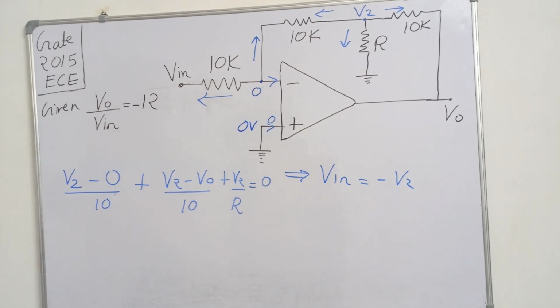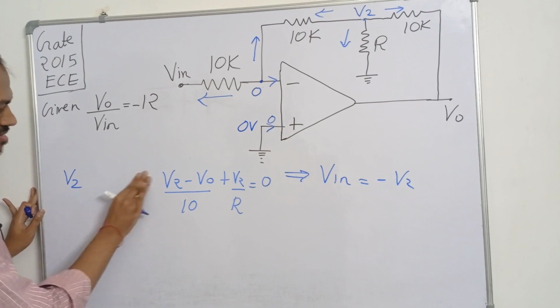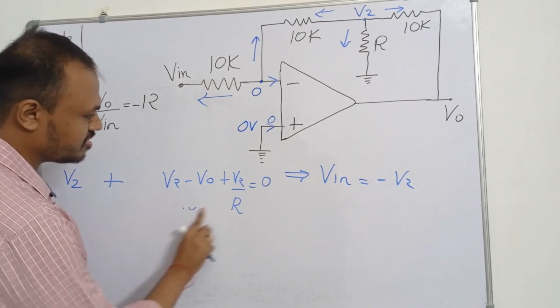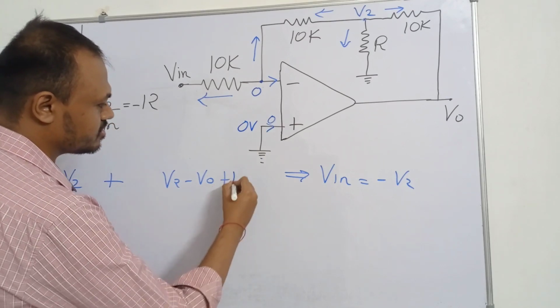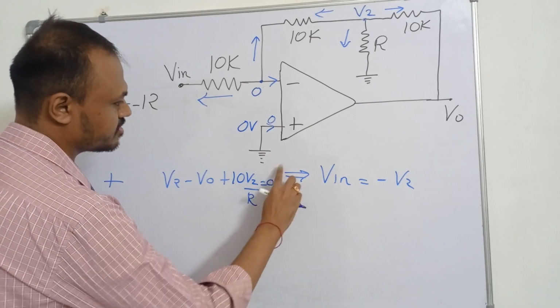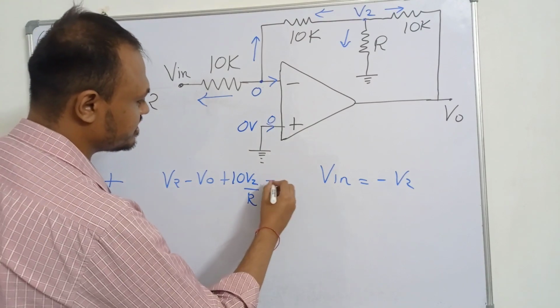Okay, so by taking the LCM, we will get V2 plus V2 minus V0 plus 10 V2 upon R equal to 0. Okay, so this is the equation.